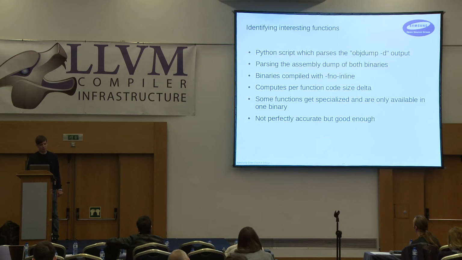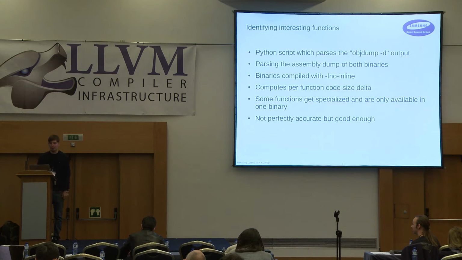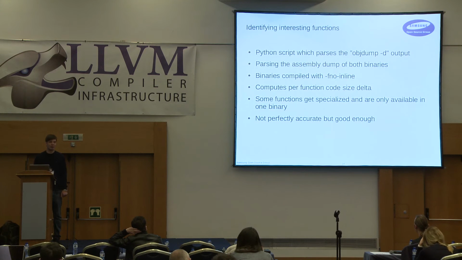So now we know that our Clang-generated binary is bigger. How do we find interesting functions to look at, or how can we improve this? The good thing with code size is that you can do everything statically. You don't even need to execute your binary. So we wrote a Python script which just parses the objdump output and then computes the size of the different functions.